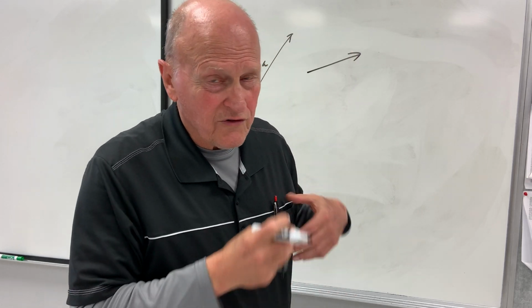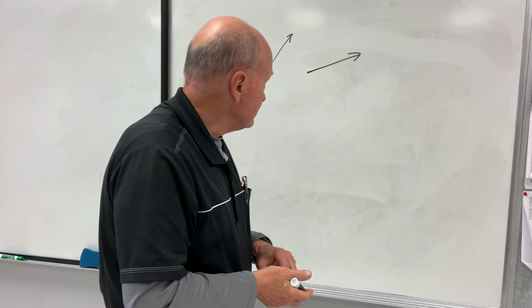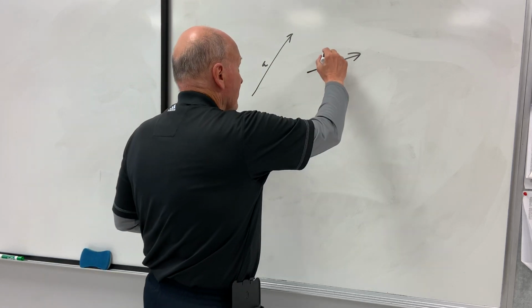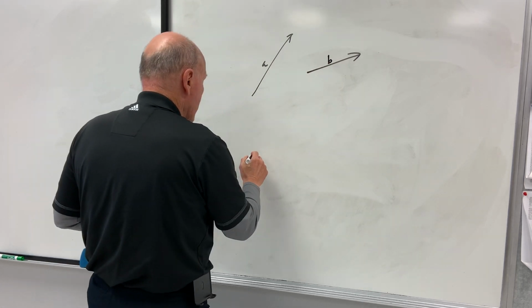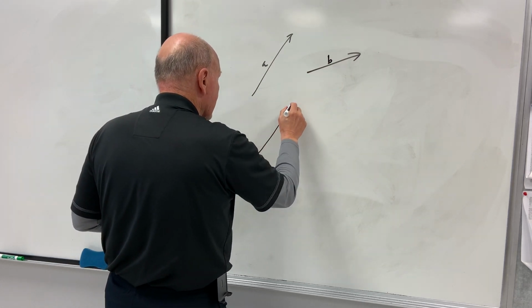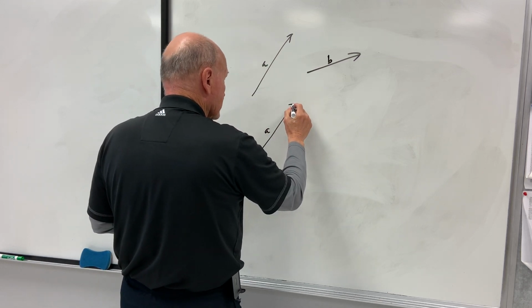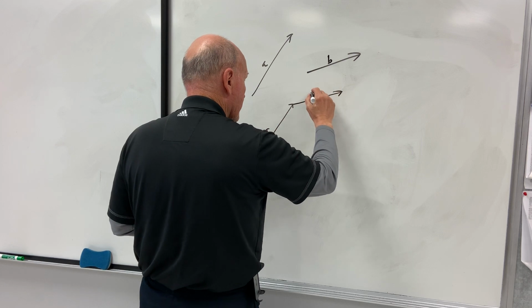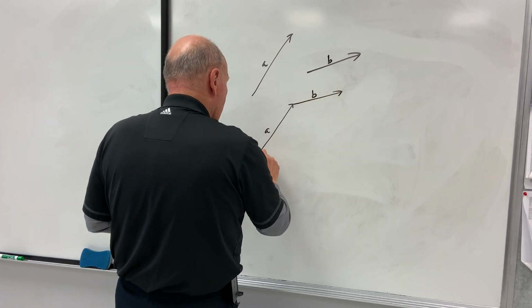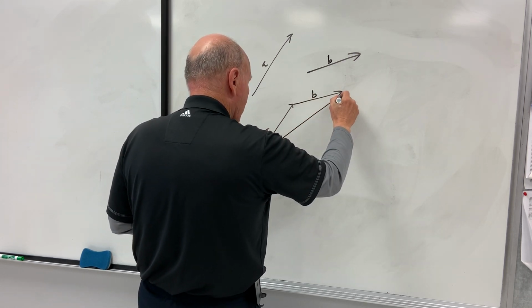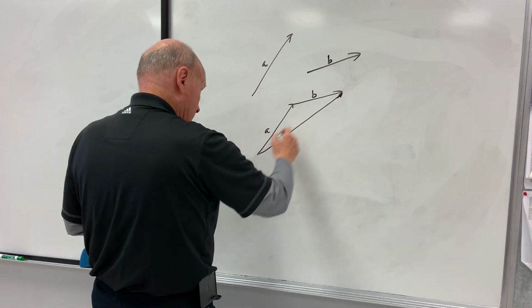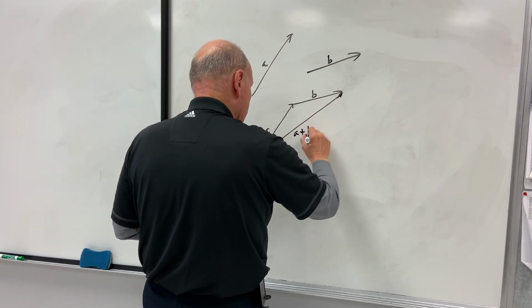Actually, both ways are the same. They just go by different names. If I'm adding these together, then what I want to do is connect tail to head. So here's A, and here's B, and the resultant vector of A plus B is this right here.